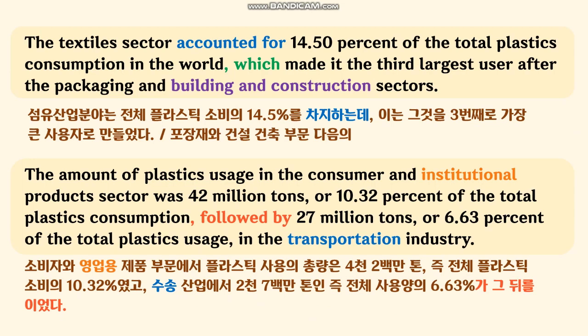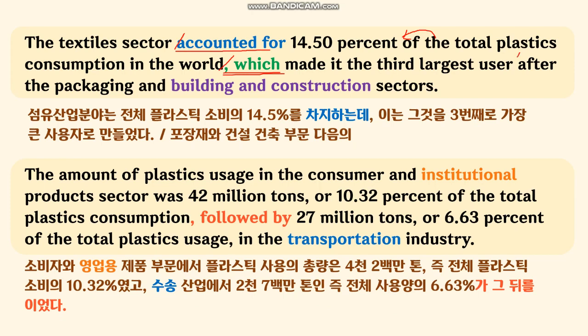Textile sector accounted for 14.50% of the total plastics consumption in the world. Textiles, 섬유산업이에요. 섬유산업 섹터 분야는 account for 무엇을 차지하다. 14.5%를 차지했어요. 뭐에? 전 세계 플라스틱 소비의 14.5%를 차지했는데 컴마 위치죠. 뭐뭐 했는데 그것은 which made it the third largest user. 그것을 세 번째로 가장 큰 이용자로 만들었어요.